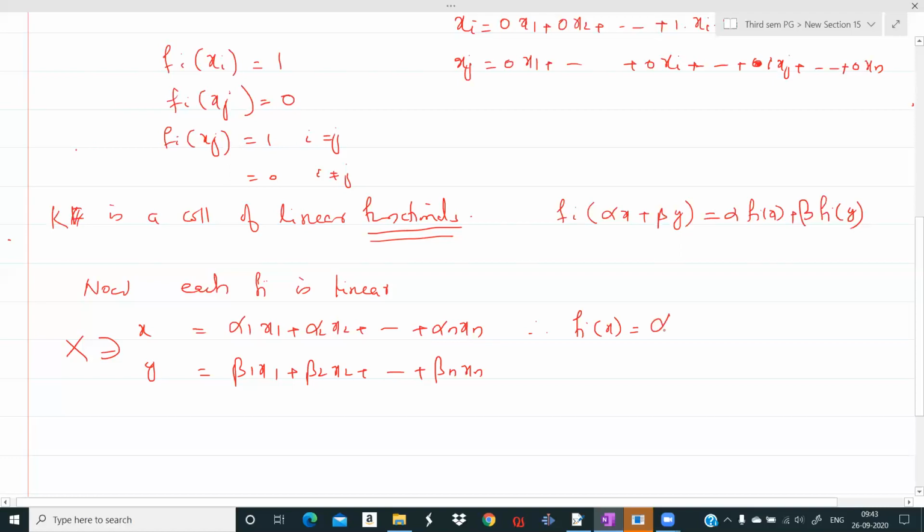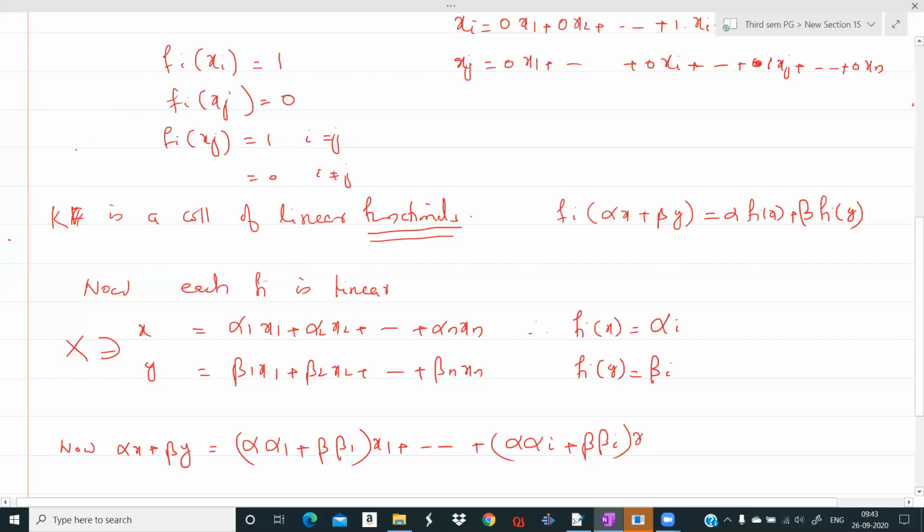So fi of x is alpha i, and fi of y is equal to beta i. Now alpha x plus beta y is x multiplied by alpha and added to y multiplied by beta. Simplifying, that is alpha 1 plus beta 1 times x1 plus etc. plus alpha i plus beta i times xi plus etc. plus alpha n plus beta n times xn.